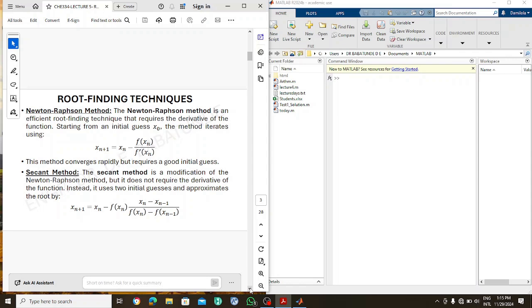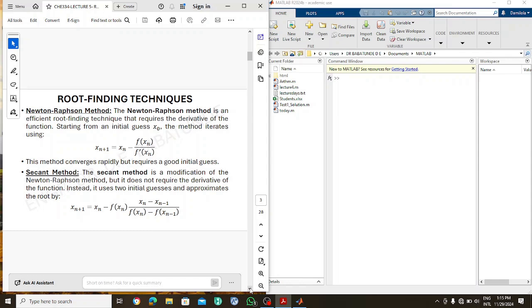Another numerical method you could use is the secant method. The equation is as displayed above. So it's also iterative. You are refining the value of your x until you get the best x. So the formula is as displayed in the box. This time around, you are not looking for a derivative.